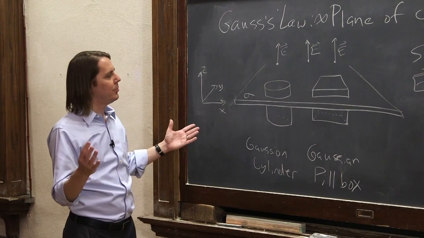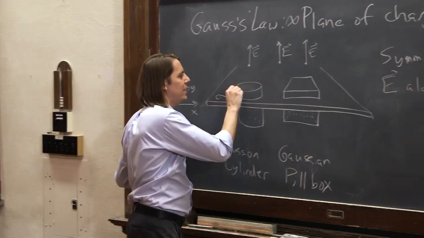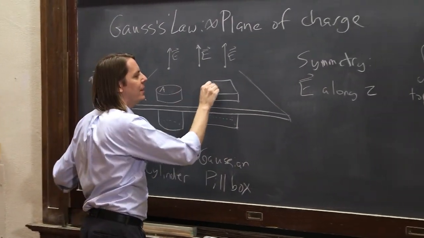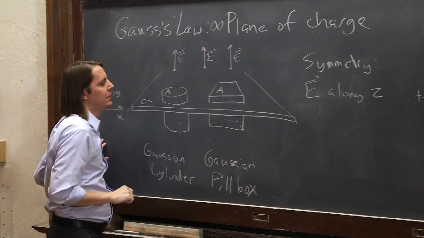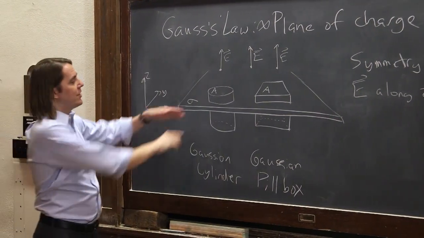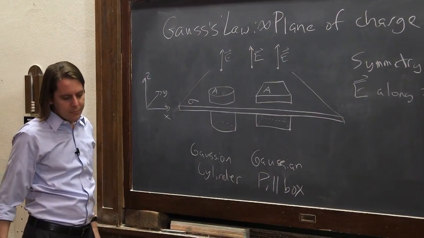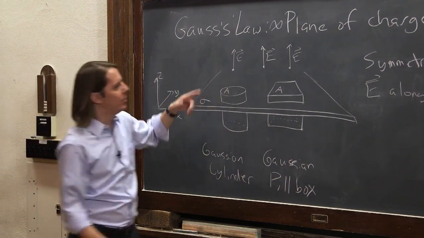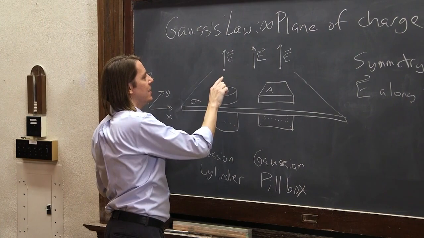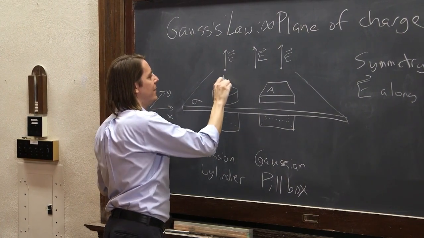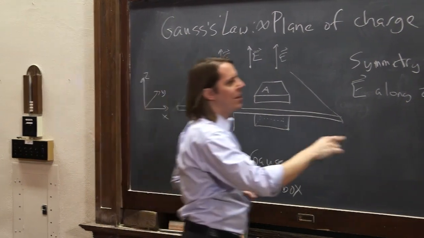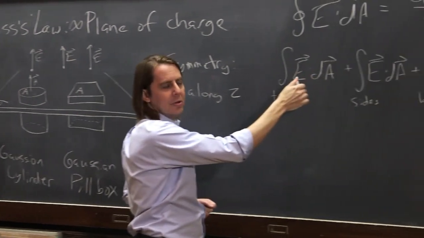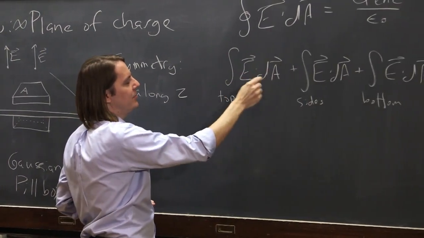And then you just look at it and you figure out what those are. Since we've set it up with symmetry, it's not too bad. We could say these surfaces have a top area A, and that's actually all we need to know. We don't even care what the length is. You'll see it doesn't matter. So the flux to the top: E is up, and the A vector is also up, so the angle between them is 0 and the dot product is just E times dA.